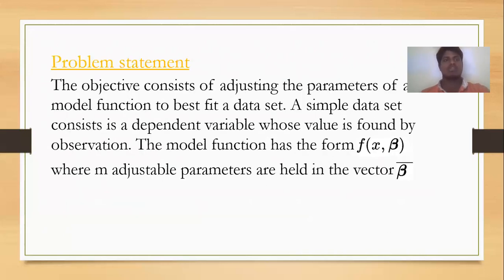Let's go into the problem statement. The objective consists of adjusting the parameters of a model function to best fit a data set. A sample data set consists of a dependent variable whose value is found by observation. The model function has the form f(x, beta), where m adjustable parameters are held in the vector beta.